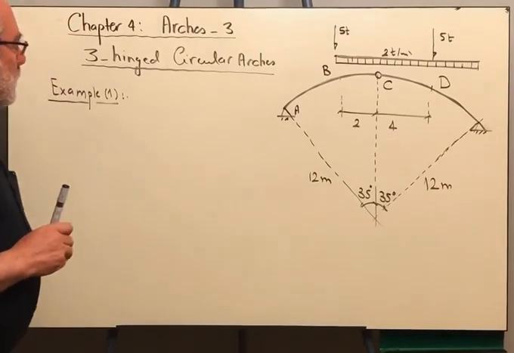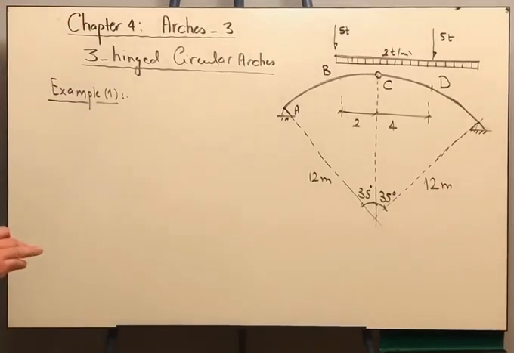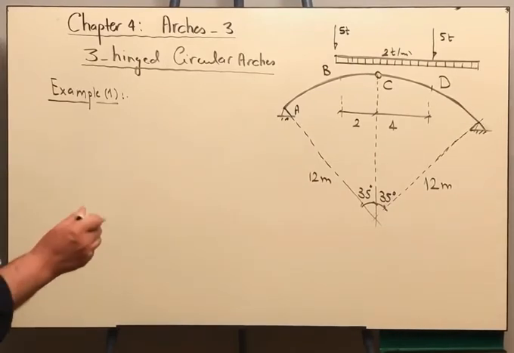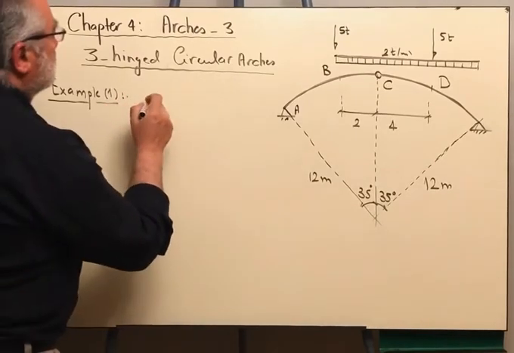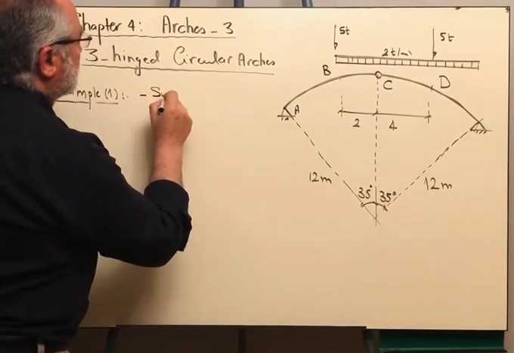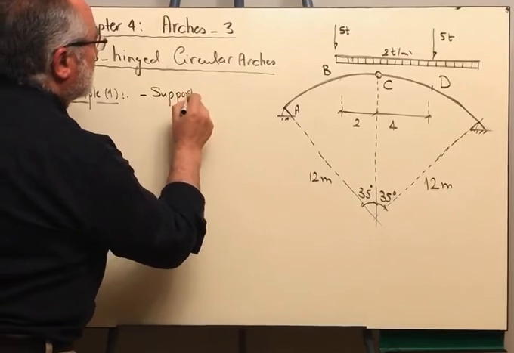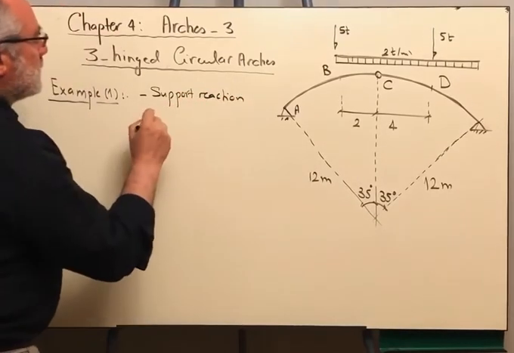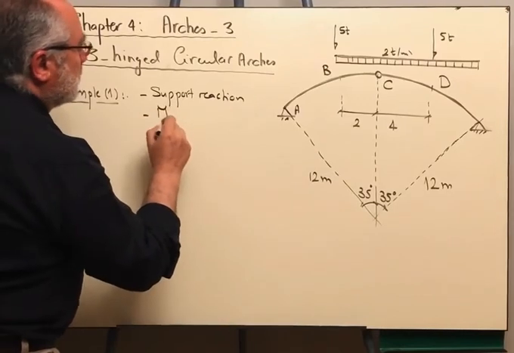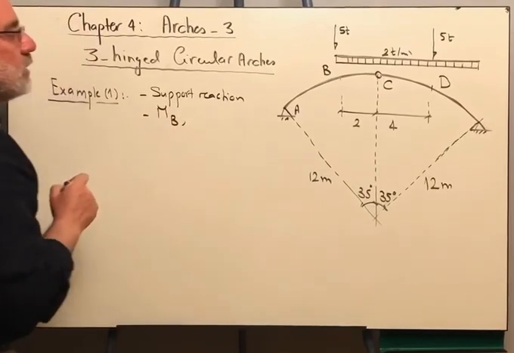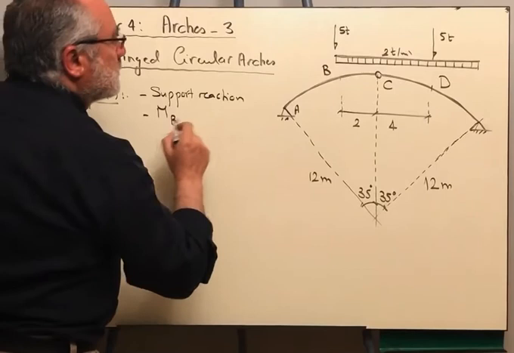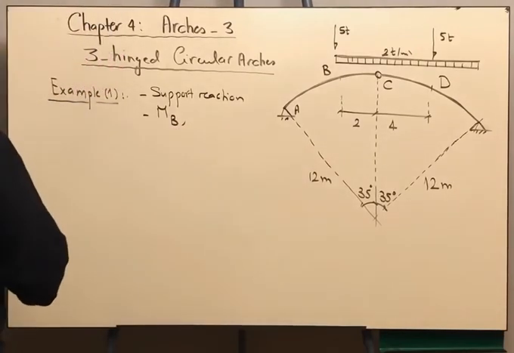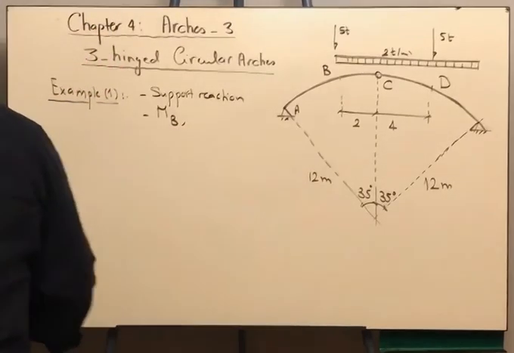So immediately I'm going to give you a problem. Here it is required to determine the support reactions. We want to get the moment at point B, and we want to get it at point D, I'm sorry.